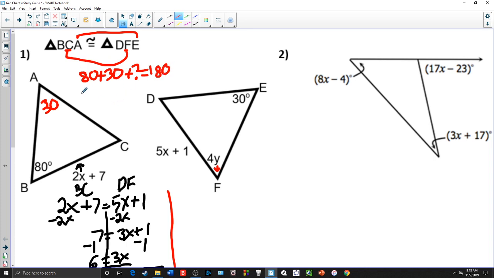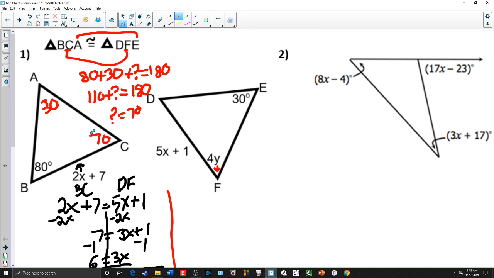Well, then we just do our little algebra here. So this question mark, that's going to stand for whatever C is. It's just like a variable. So I do 80 plus 30, well, that's going to be 110, plus question mark equals 180. So this is basically asking 110 plus what equals 180. Well, we know that the what there has to be 70, because 70 plus 110 would give me 180. So the only thing that could fit in here is 70.